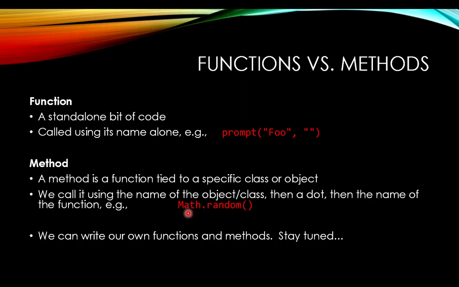So that gives us a clue. When you see a dot between things like that, and it's not a number with a decimal, you can be sure that that's going to be having to do with an object, and then you put the dot, and then you put the name of the function. So again, not a really important distinction for us at the moment, but again, setting the stage, and it's a good place to note this since we're talking about functions and so forth.